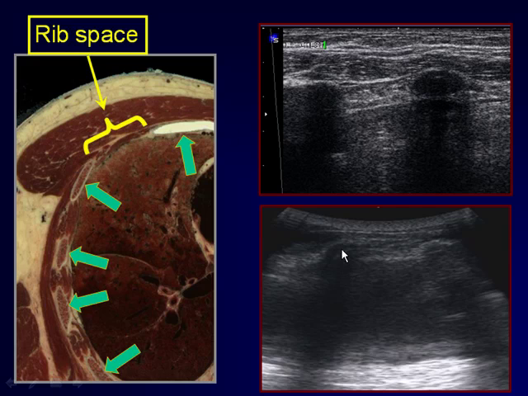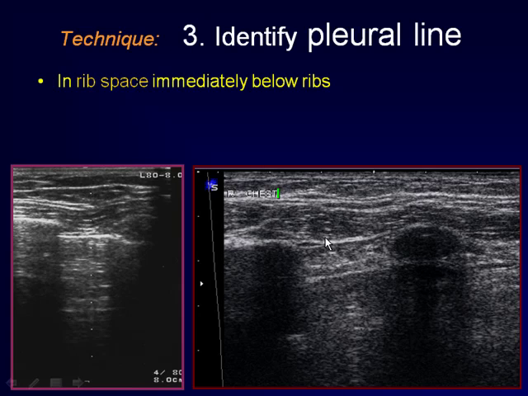Here's another image with a slightly different technique. But again, the shadowing is what's going to lead your eye towards recognizing the ribs. And from there, we're going to identify the pleural line, which is found in the rib space, but it's immediately under the ribs.